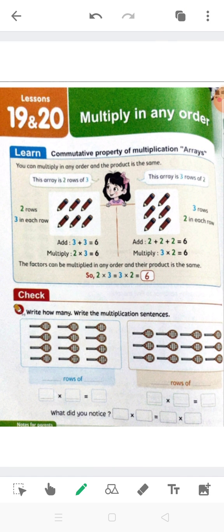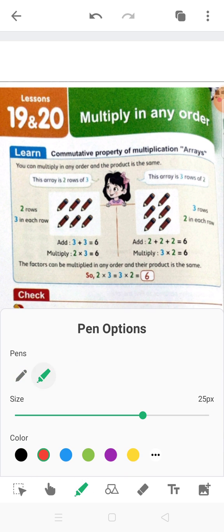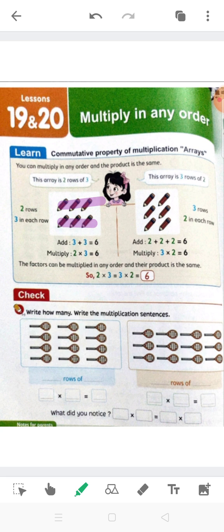We can multiply in any order and we call it the commutative property of multiplication in arrays. See here, I've got 2 rows. 1, 2. How many elements in each?